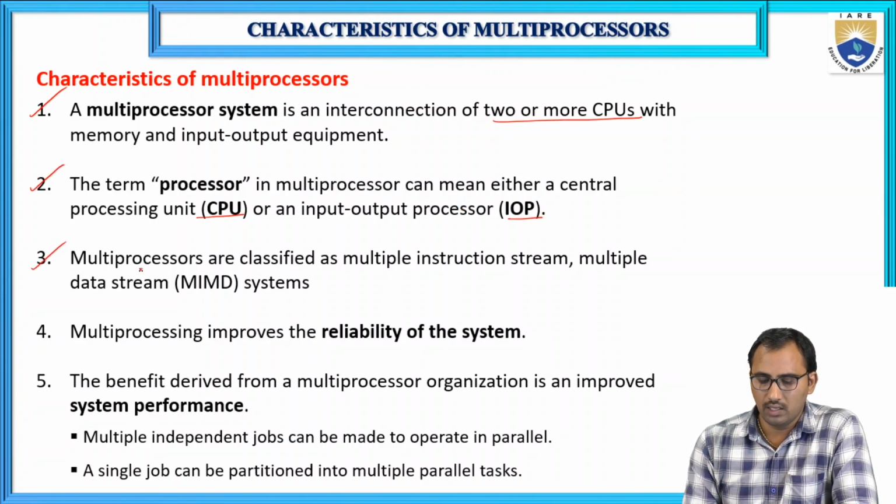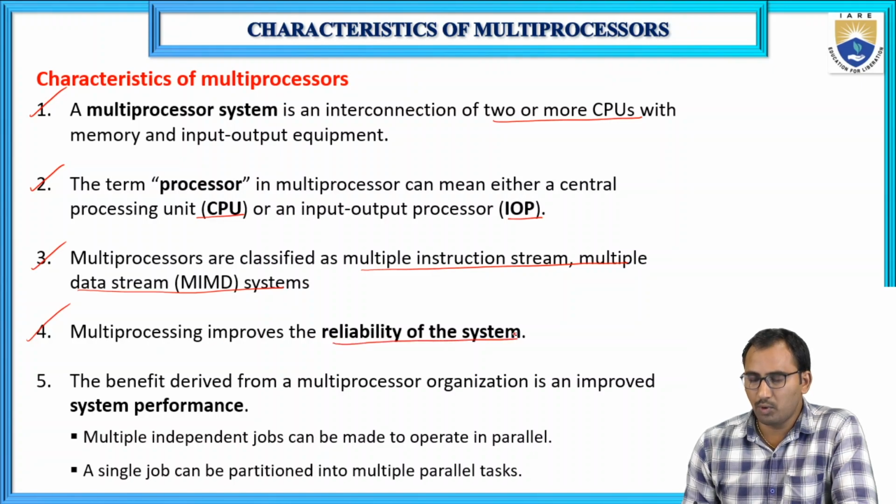Third, multiprocessors are classified as multiple instruction stream, multiple data stream (MIMD) systems. And multiprocessing improves the reliability of the system. And the benefit derived from the multiprocessor organization is improved system performance.